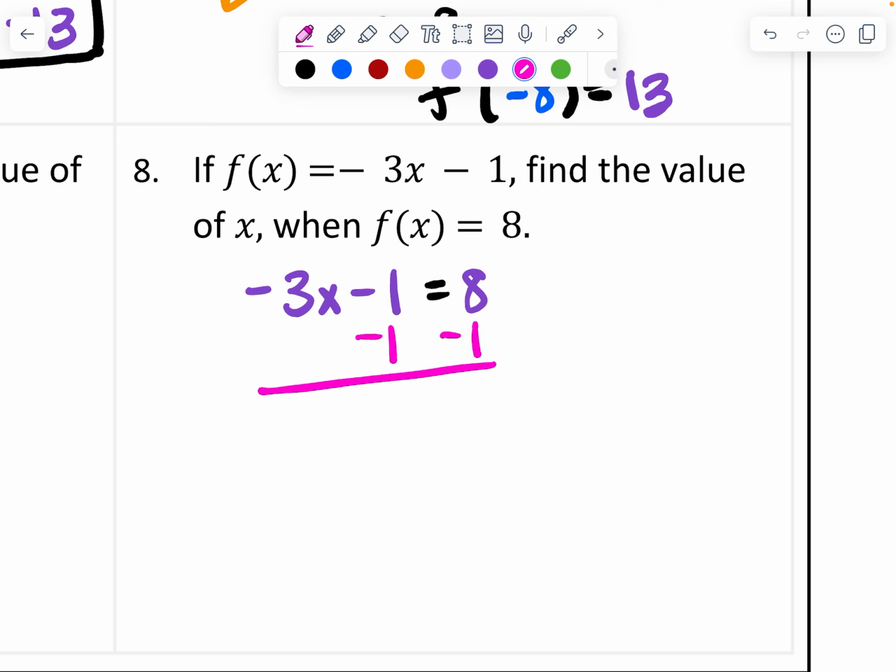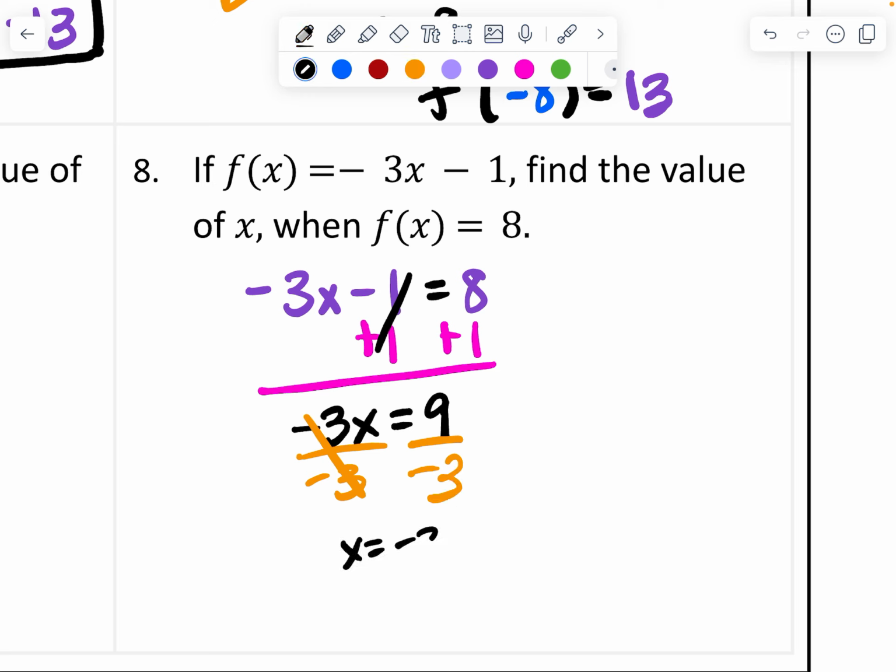Subtract 1. Oops, I should have added 1. Add 1. Okay, 9. Divide by negative 3. And x equals negative 3.